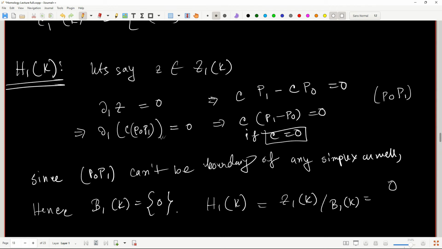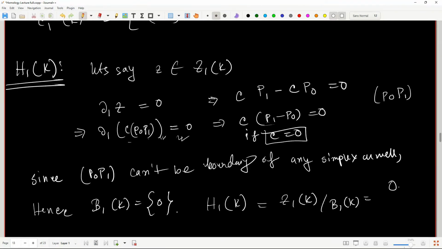The reason I'm writing this as a 0 is that any element in z1, if you write it like some c p0 p1, and you want to verify whether they actually form a cycle from the chains, you understand that the boundary operator acting on the chains gives us 0 only when the coefficients themselves are 0. So it's like the chain group is empty.